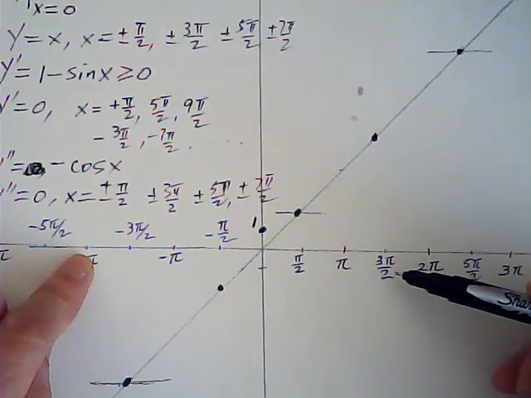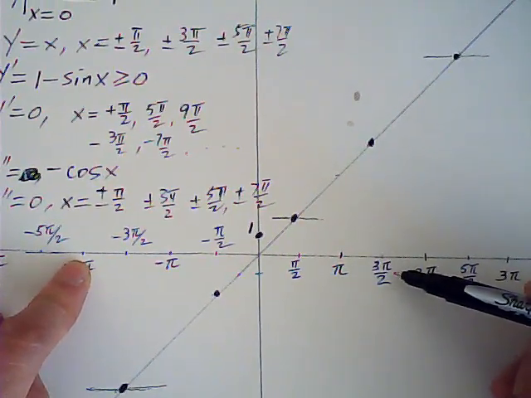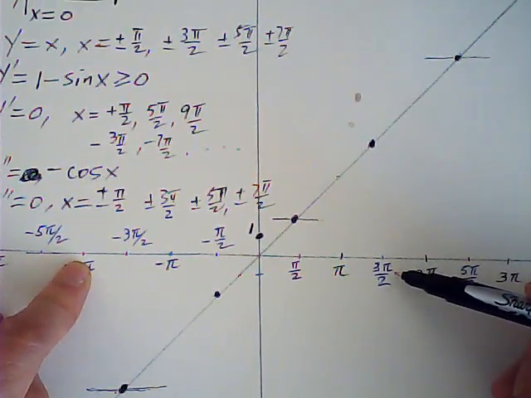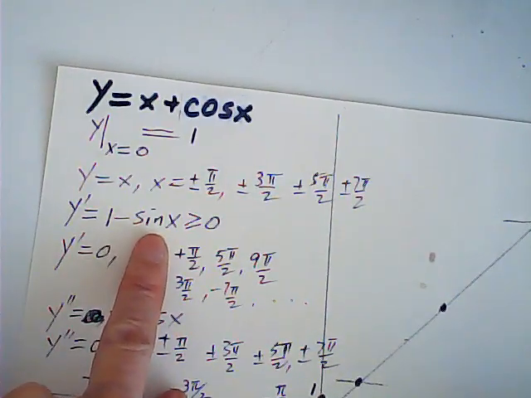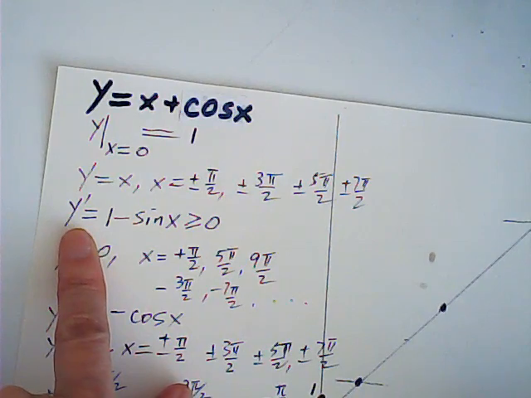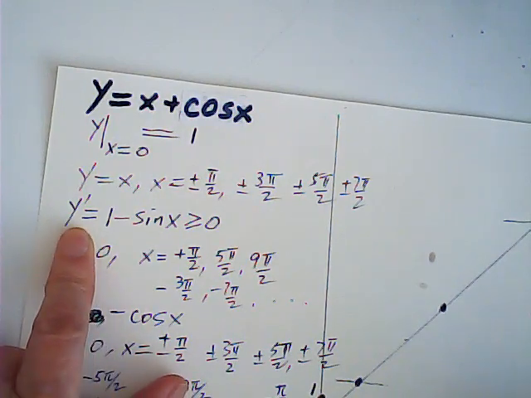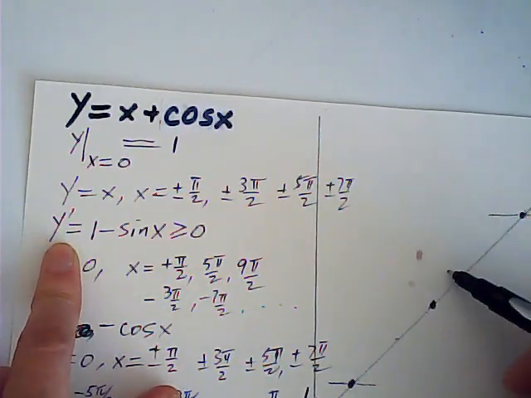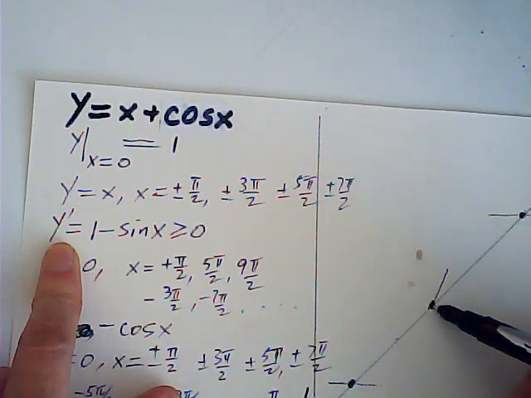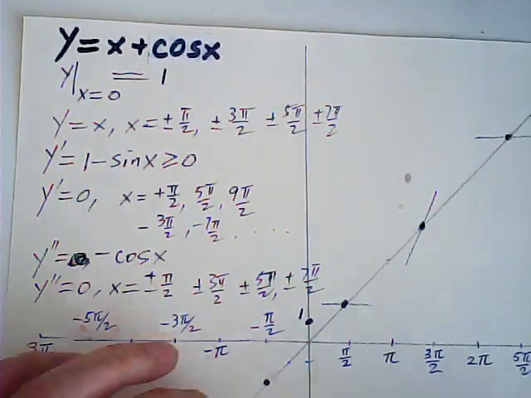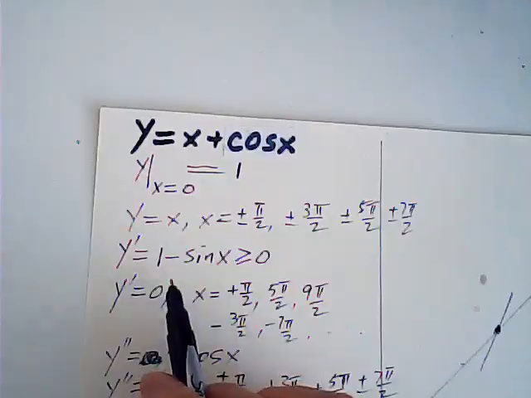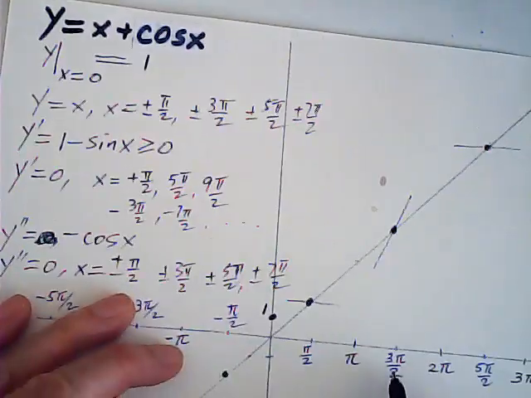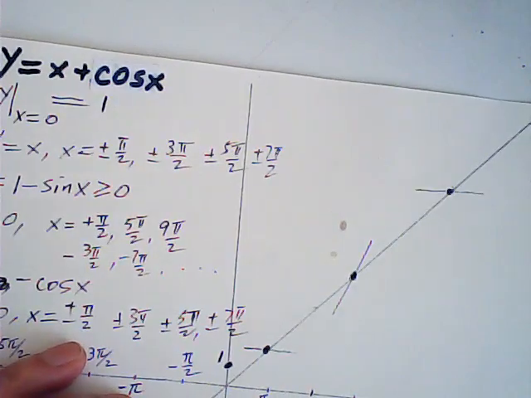At this point, sine x is negative 1, so the y derivative is equal to 2. So at this point, the slope of tangent is 2. The curve is tangent to this line, because the derivative at this point is 2.